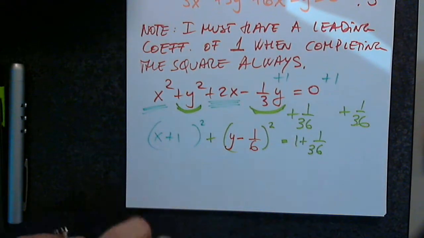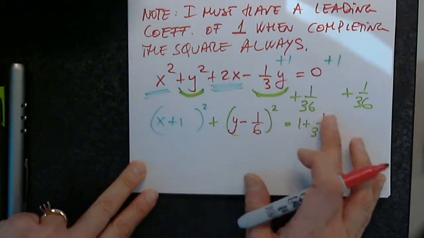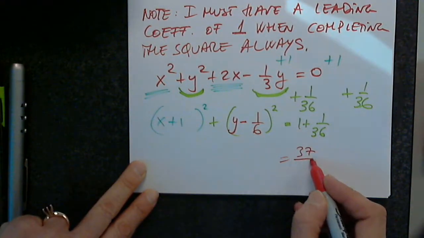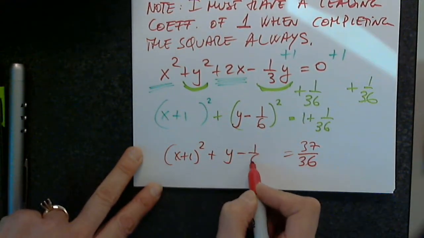Because that's what we squared to get 1 over 36. Right. Okay, very good. So then the right-hand side will be 37 over 36. And the left-hand side, x plus 1 squared, y minus 1/6 squared.